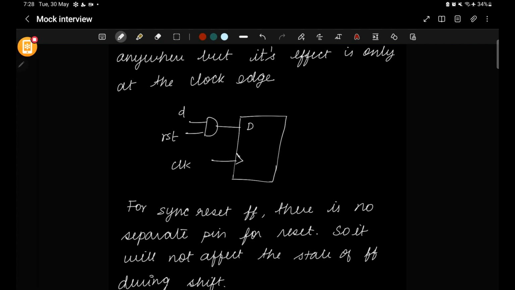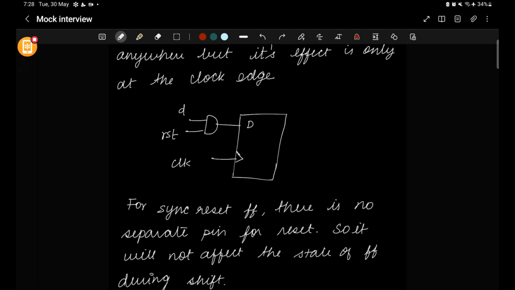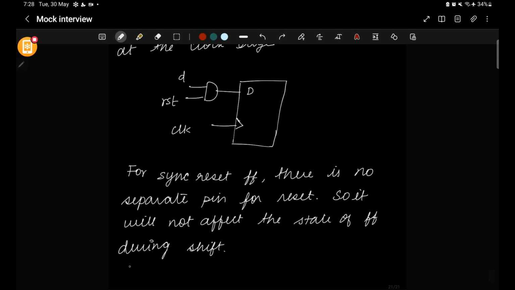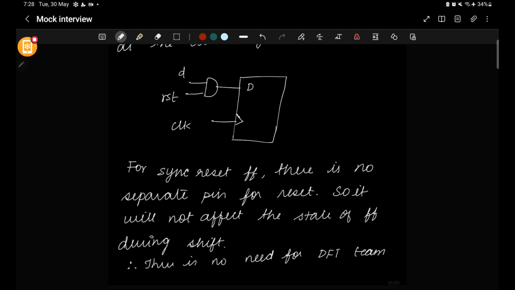So it will not affect the state of the flop during the shift phase, because reset is ANDed with D and goes to the D input. So there is no need for the DFT engineer to make any changes. Therefore, there is no need for the DFT team to make any change.